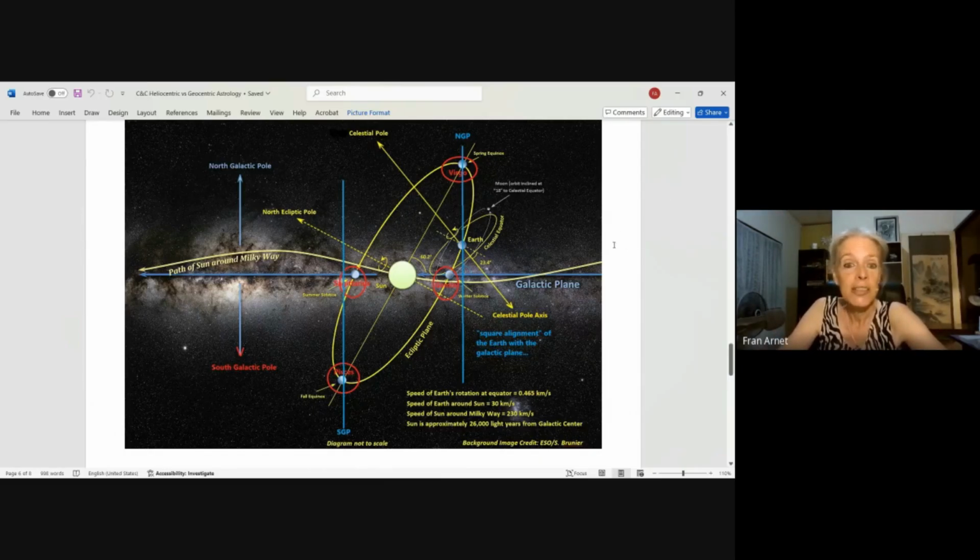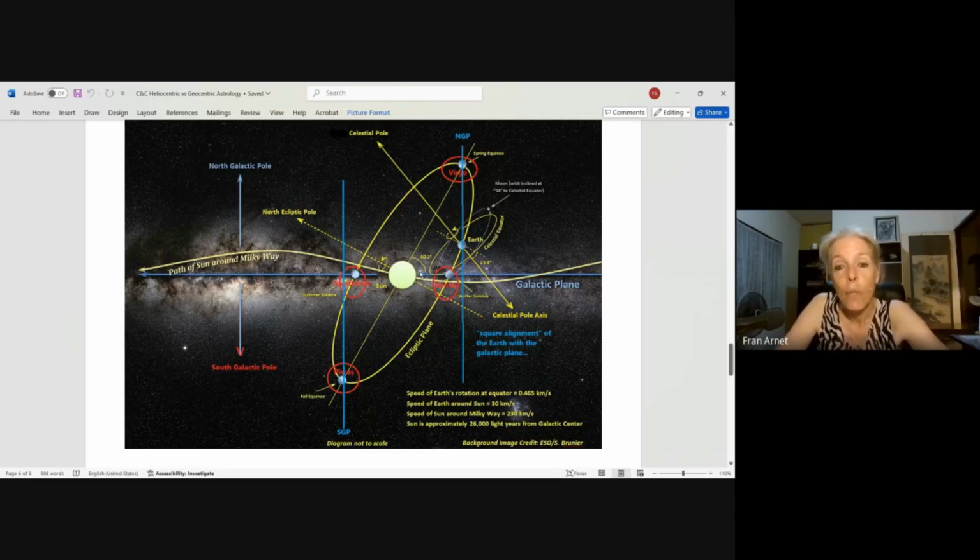You can see here is the galactic plane, and we have here the Milky Way. And we have here in yellow the sun, and the sun is going around the Milky Way, once a little bit under the galactic plane and once above the galactic plane.